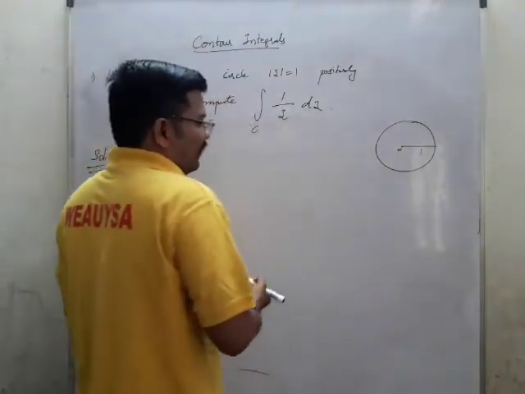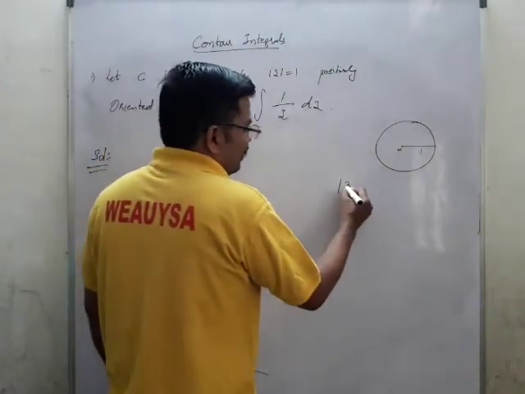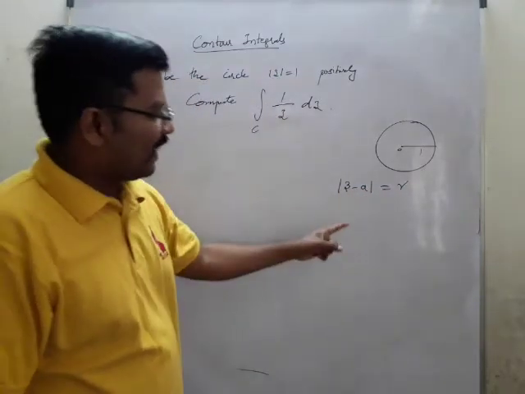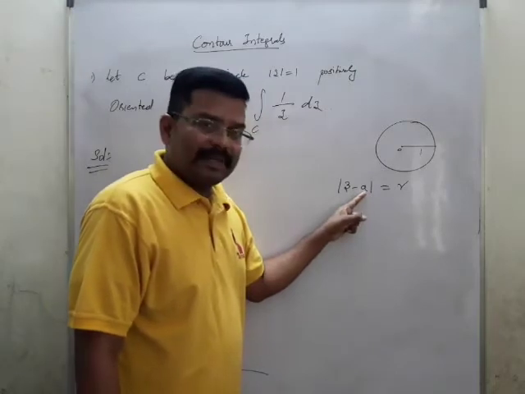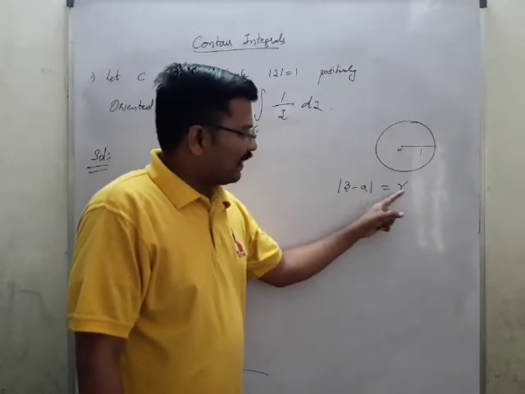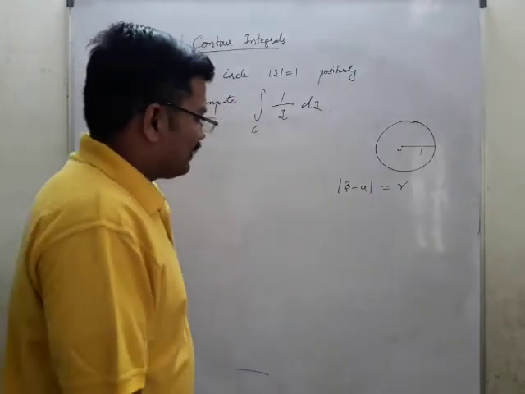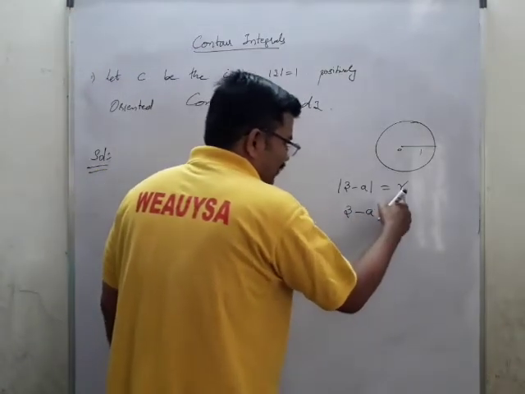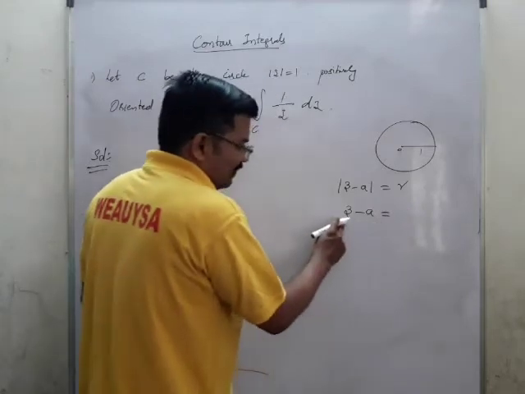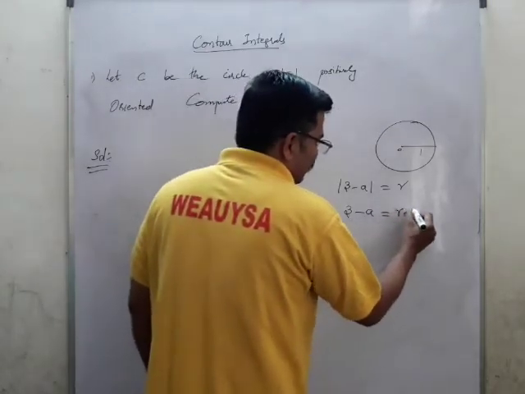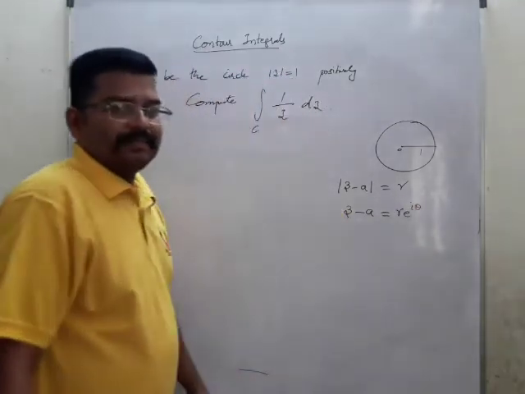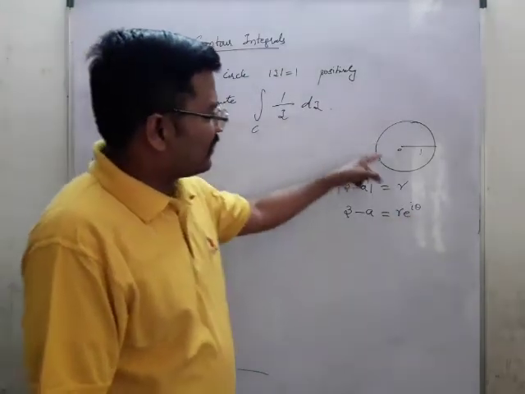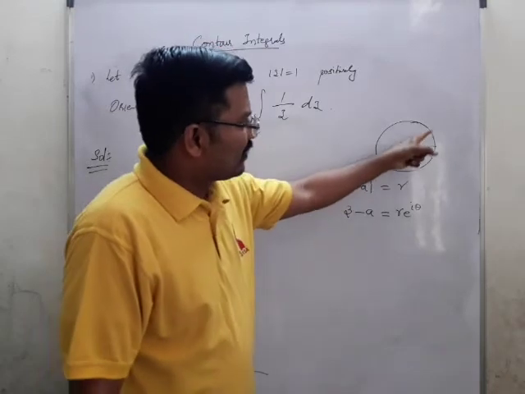We have the formula mod z minus a is equal to r, where a is the center and r is the radius. We take z minus a is equal to r e power i theta, because it is being defined on a circle.